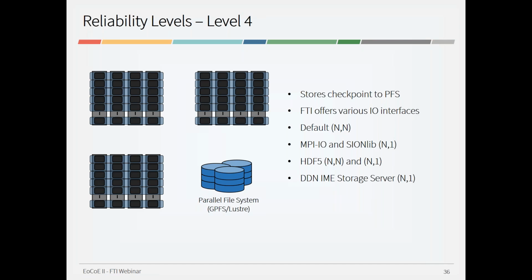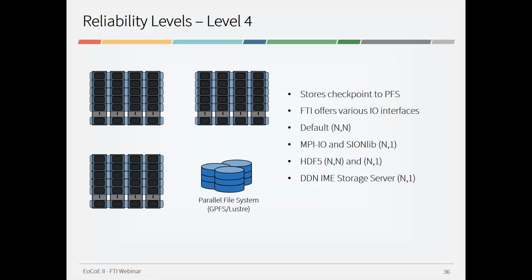Also recently added is an interface to IME, the DDN IME storage server, as a level 4 checkpoint. That works like this: you have this storage server, which operates like a buffer between the application and the parallel file system. And it handles the data much faster than the parallel file system itself.